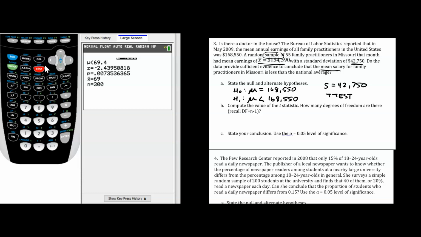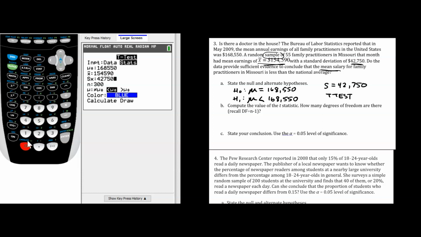So here we go. We say stat, test, t-test number 2. The null value of the mean is 168,550. Our sample mean, that's where we enter the 154,590. s, the sample standard deviation that's been provided, is 42,750.